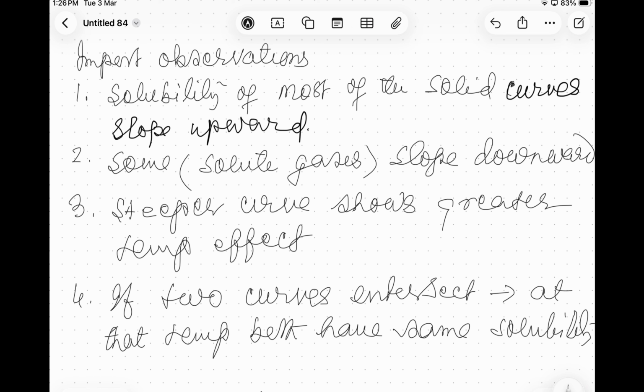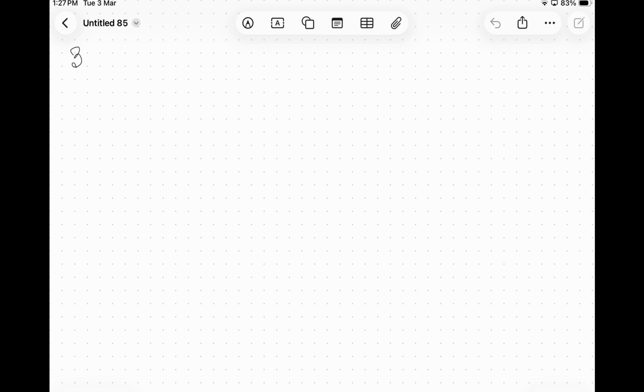And at last, if two curves intersect each other at that temperature, both the solutes have same solubility. These are the observations. Let us discuss point number 3, that is solubility of gases in liquid.